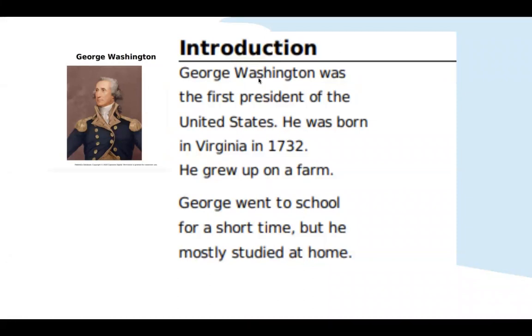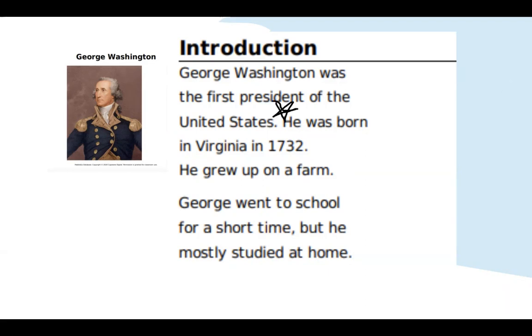Introduction. George Washington was the first president of the United States. Right away, I see a detail that supports our main idea. If George Washington was the president of the United States, I know that presidents have to be leaders. George Washington was a leader of our country, so I'm going to put a star next to that.